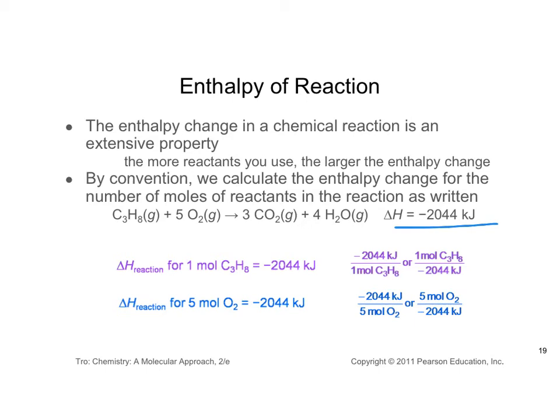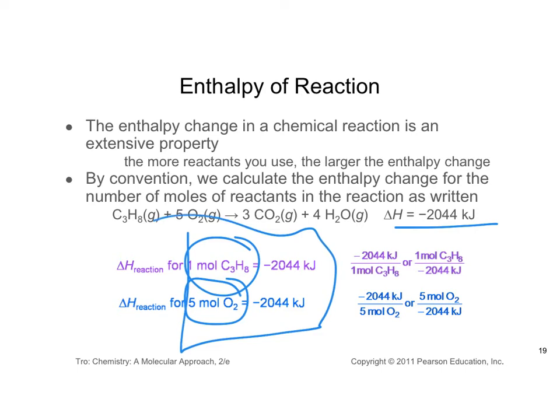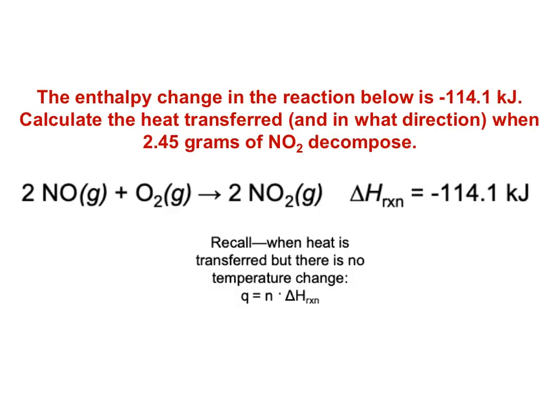We can say, okay, the delta H of reaction for 1 mole of C3H8 is negative 2044, but for 5 moles of oxygen, it's negative 2044. This is now an equality, right? And so these two equalities can be converted to fractions, right? Or conversion factors, okay?